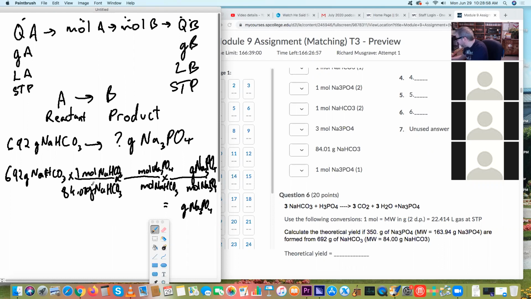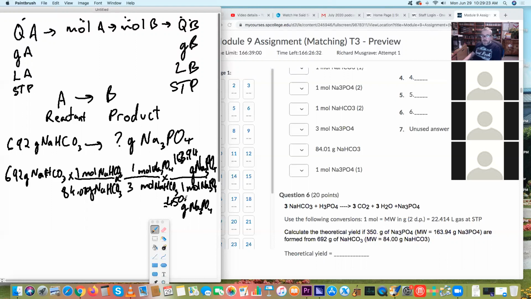Moles of Na3PO4 to moles of NaHCO3, that would be 1, and NaHCO3 is 3. And then the molecular weight, 163.94, to 1. And the answer comes out, I think, to be 450 grams of Na3PO4.